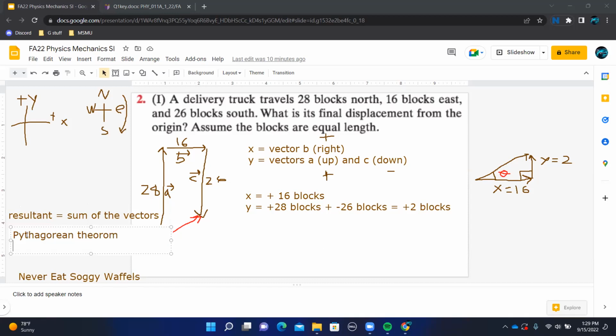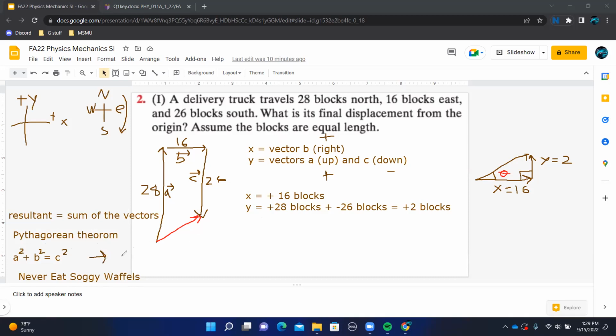Don't harsh on me. That's just a squared plus b squared is equal to c squared. And that's for right angles, which this is, your resultant vector is a right angle. So that means we can use it.